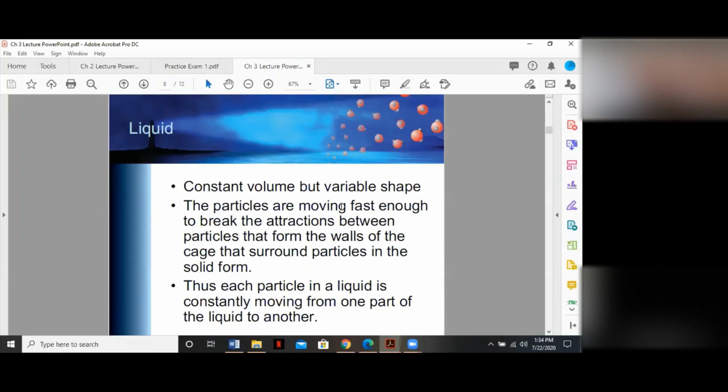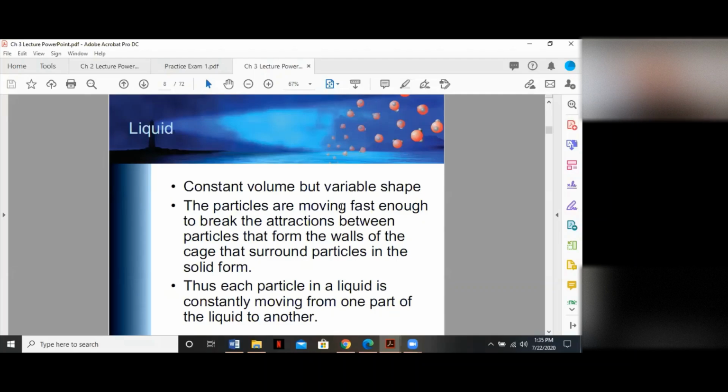If I give you a bottle of water and I tell you, fill it up in this beaker or in the other container, the volume will still be the same that you're delivering. You're probably delivering like 250 milliliters, and that will be the same 250 milliliters in the other container. However, the shape of the liquid in the water bottle may not be the same as the shape in the mug that you delivered the water to. So that's what we mean by variable shape, but fixed volume.